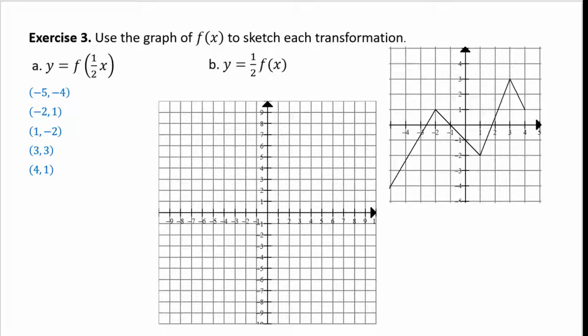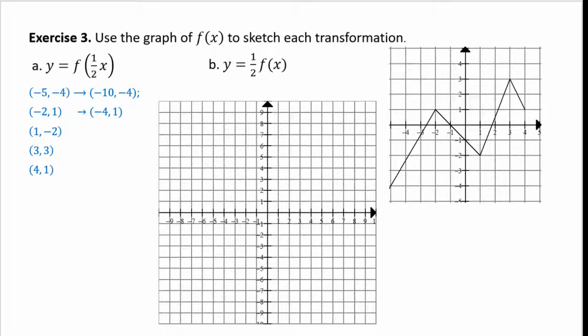So, the ordered pair (-5, -4) becomes (-10, -4). Remember, -5 divided by 1/2 is actually multiplying by 2. So, (-2, 1) becomes (-4, 1).